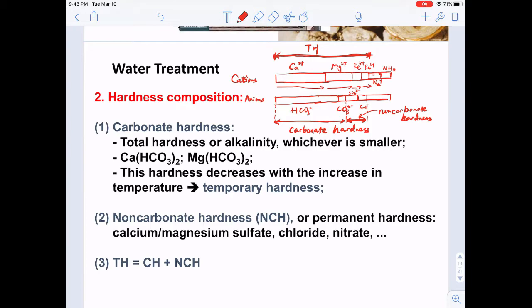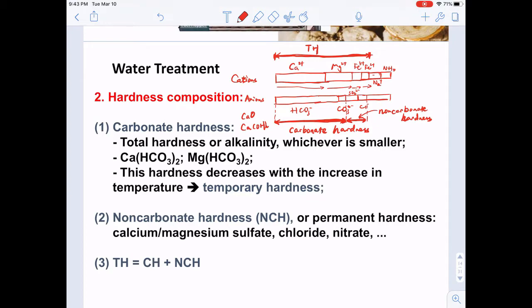So why do we care? Why do we further separate that into carbonate or non-carbonate ions? This is mainly because the carbonate hardness is relatively easy to remove, because we can simply remove these carbonate ions by introducing lime into water.